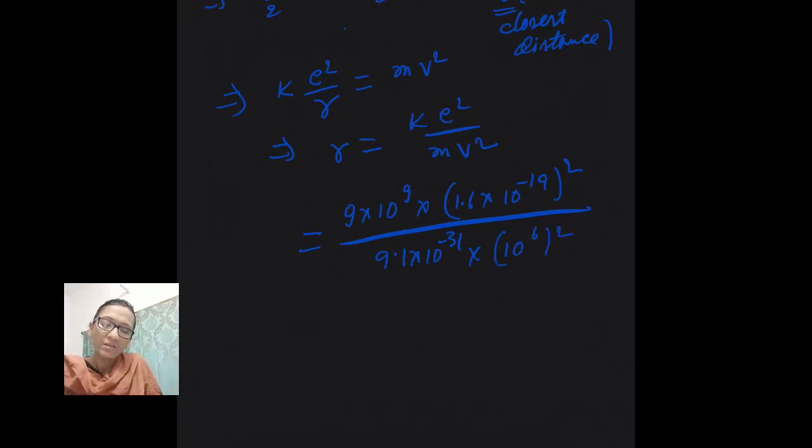Velocity given is 10 power 6 whole square. Now this is the distance of closest approach.